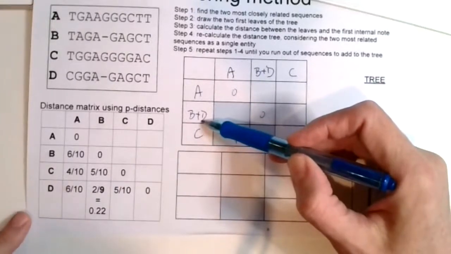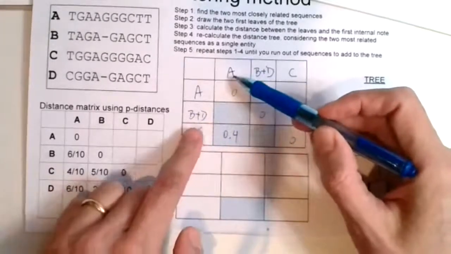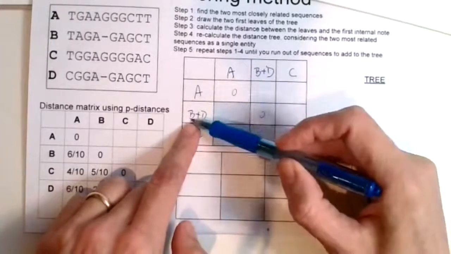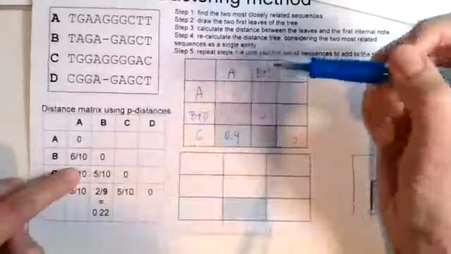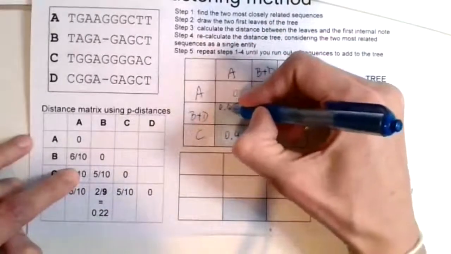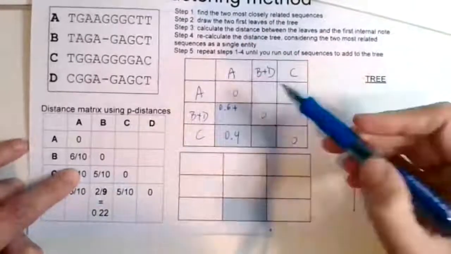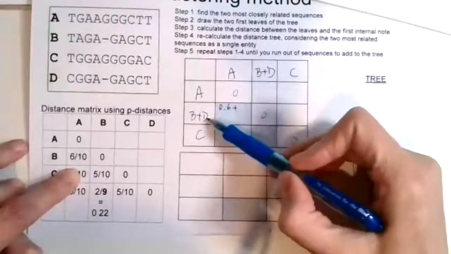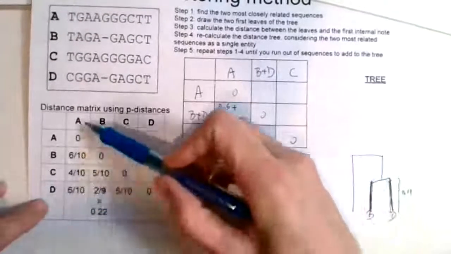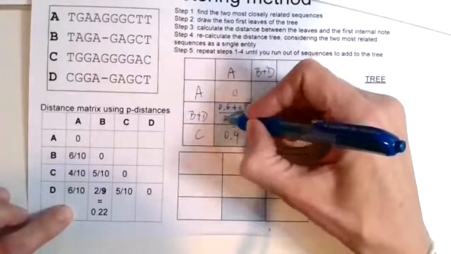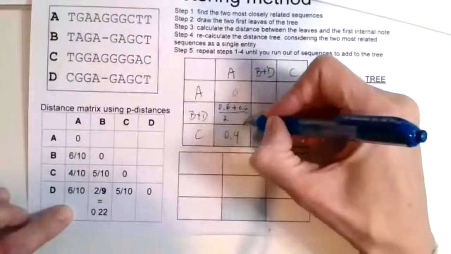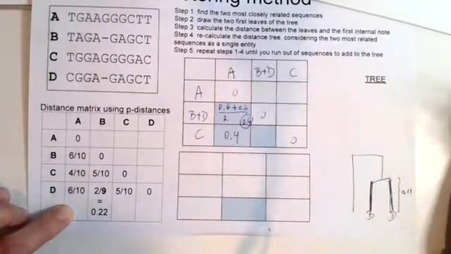The distance between A and BD is the average of the distance of A and B and A and D. A and B is 0.6, plus A and D is 0.6, which is coincidental, not by design, divided by 2. I'm going to end up with 0.6.